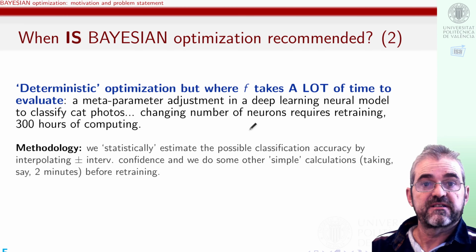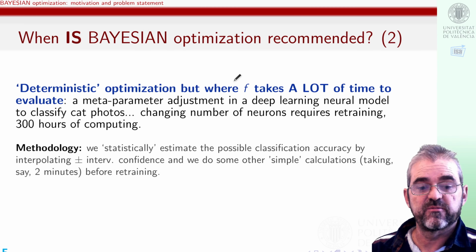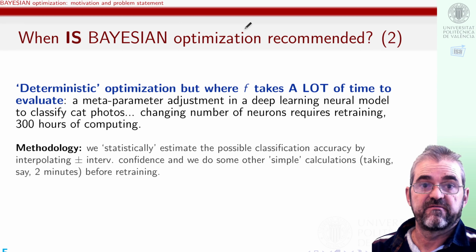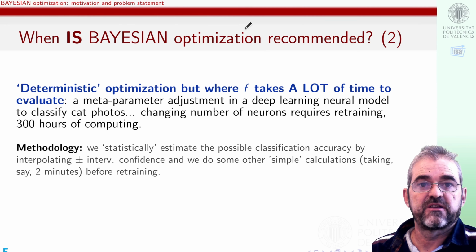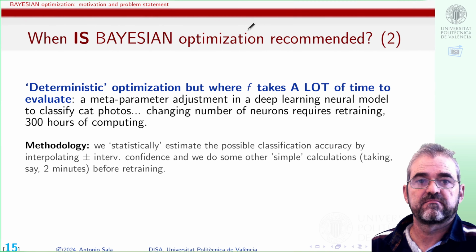But there is a second context in which Bayesian optimization is used. And in fact, maybe it's the most popular in computer science, which is using it when the deterministic evaluation of my function or my optimization, let's say, takes a lot to compute. For instance, I may be training a neural network to classify pictures of cats.